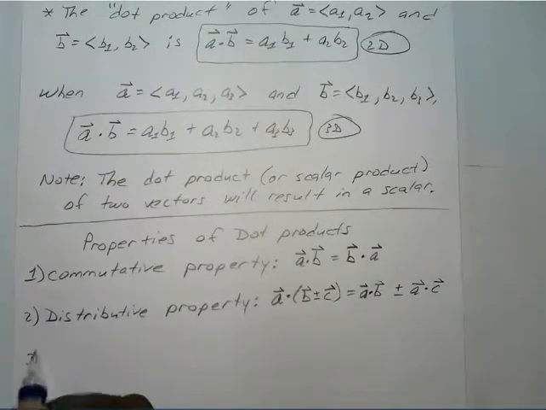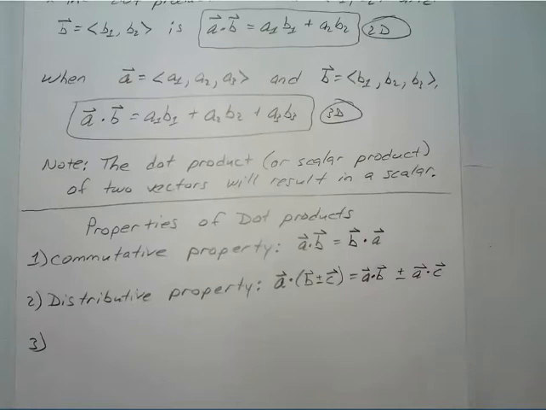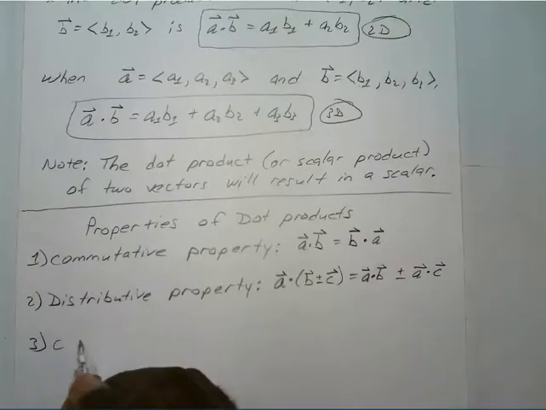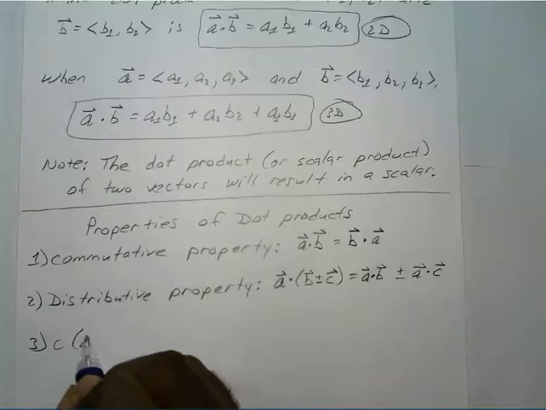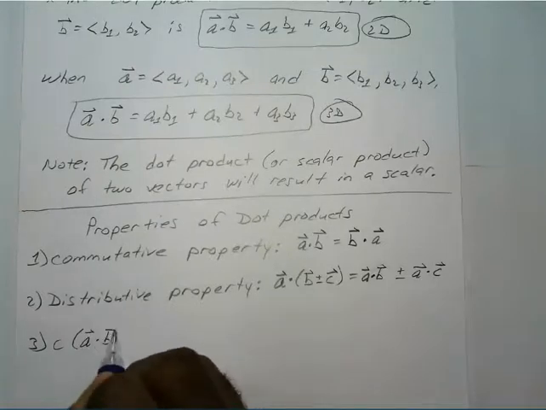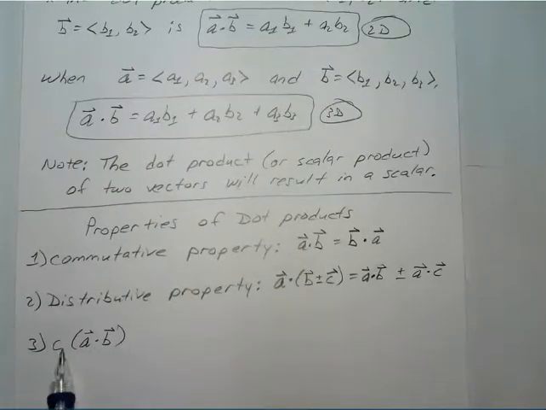Okay, now the third property is if you multiply a dot product by a constant. So some constant c times the dot product of A and B, you can actually just multiply that constant by either one of those and you'll get the same answer.